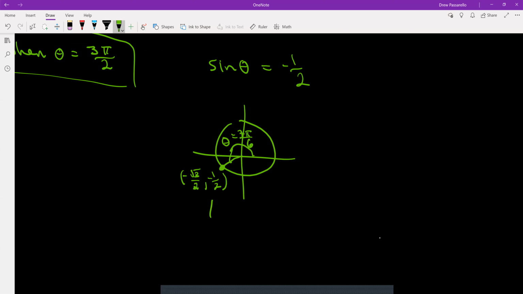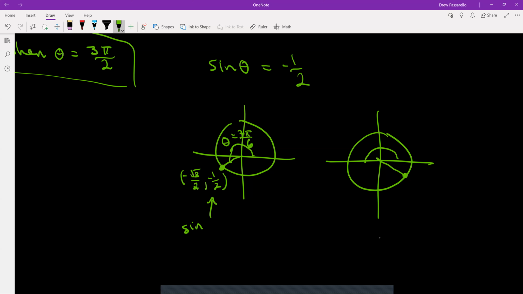All right, and again, sine is the y coordinate. And the other point occurs at 11 pi over 6.